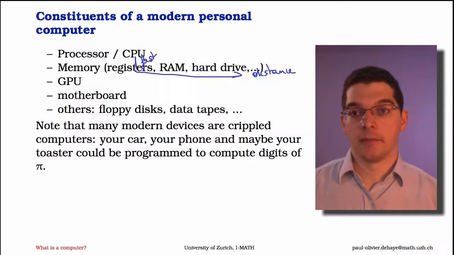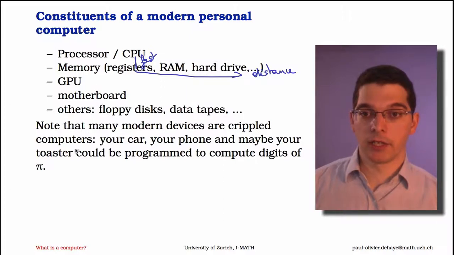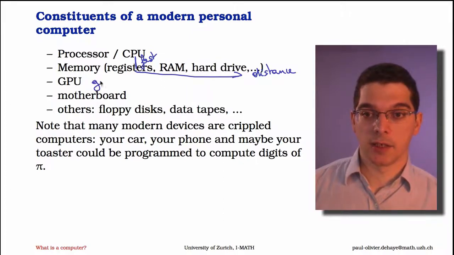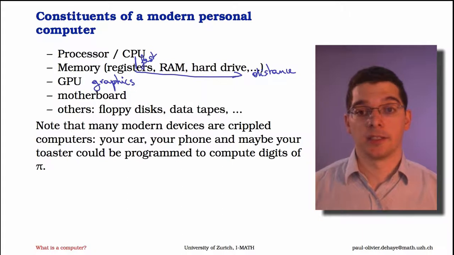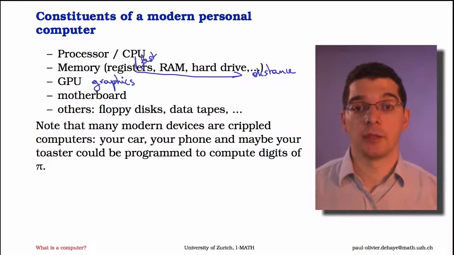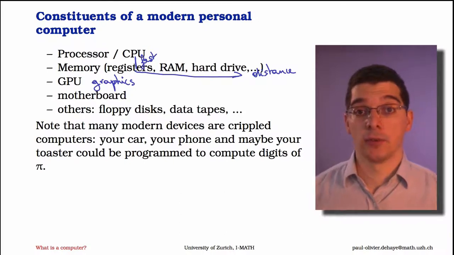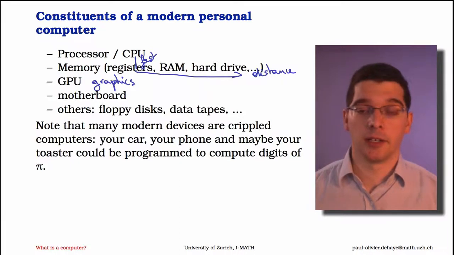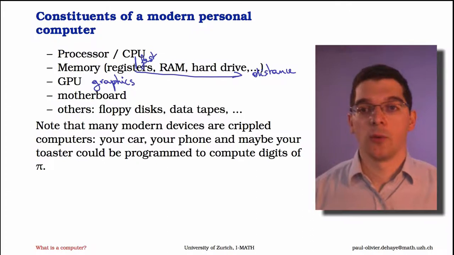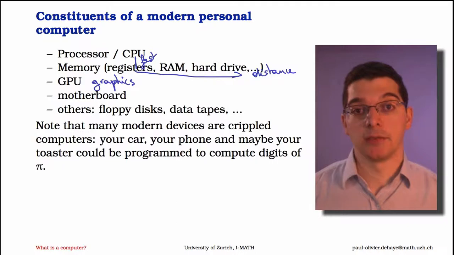The next item in a computer is the GPU, the graphics processing unit. This is a relatively new invention. More modern computers require more advanced graphics, and this started overcrowding the CPU that was performing other computations. To prevent that, a second processor, if you want, was invented that would deal specifically with graphics.